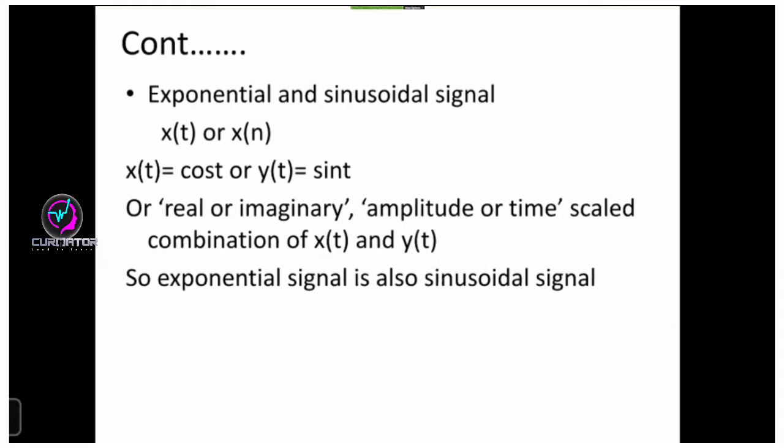Why are exponential and sinusoidal signals mentioned together? Why they have not been mentioned separately is because they are both very closely related. For an exponential signal, basically we will represent it like this.